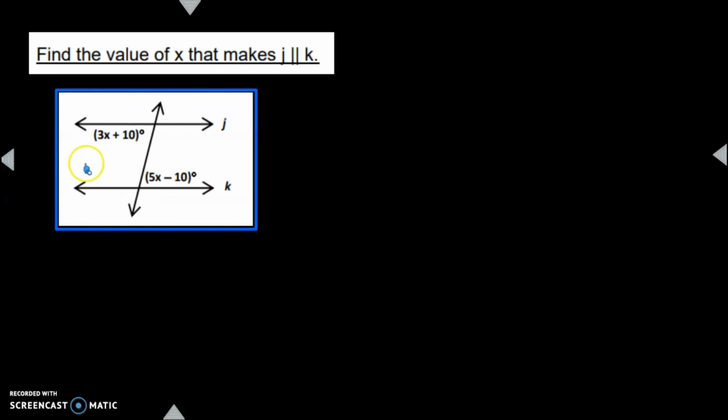So still, we're solving for x and j is parallel to k. Line j is parallel to k. Tignan natin kung anong difference niya doon sa mga nauna. Ayan. So this time naman, sa figure, naka-label na yung measures ng angles, pero dalawahan lang siya para madali nating ma-identify. As you can see from the given figure, the two marked angles are alternate interior.